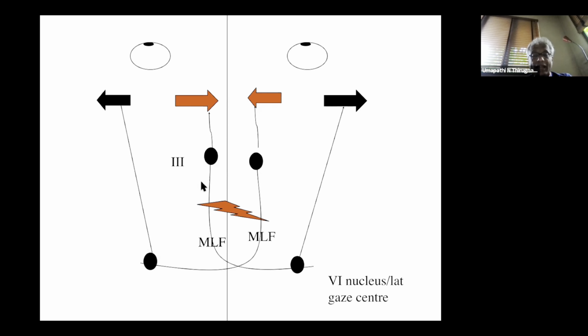With that, we know for sure this patient can only have bilateral MLF or bilateral internuclear ophthalmoplegia as the cause of the problem, because muscle pathology, neuromuscular junction pathology, and bilateral third nerve pathology cannot possibly explain this discordance between lateral eye movements and convergence.